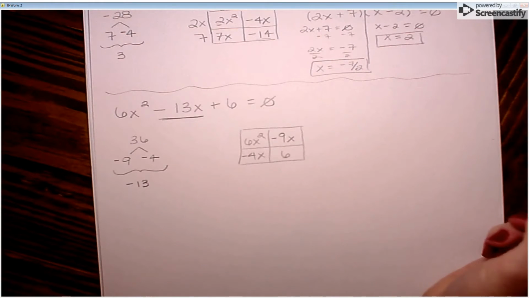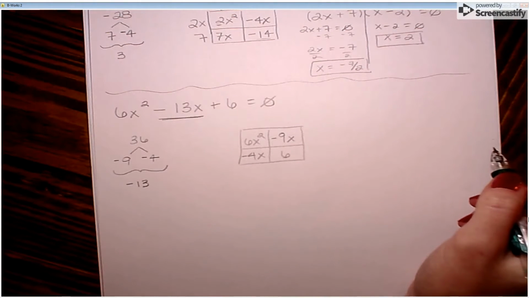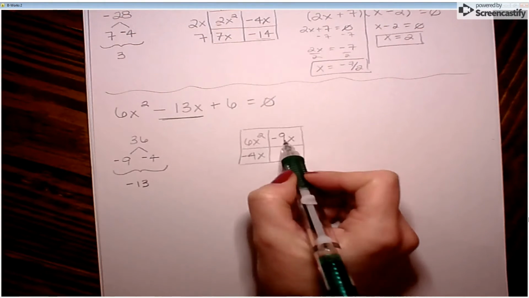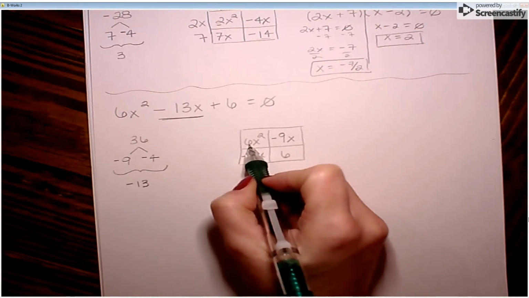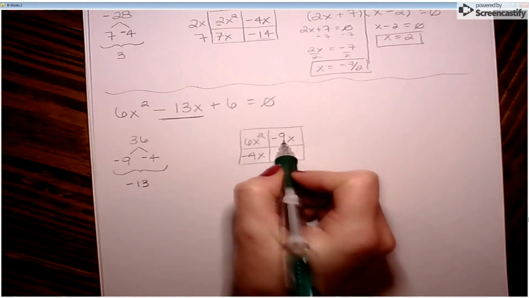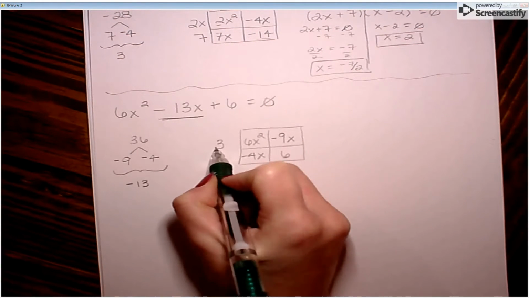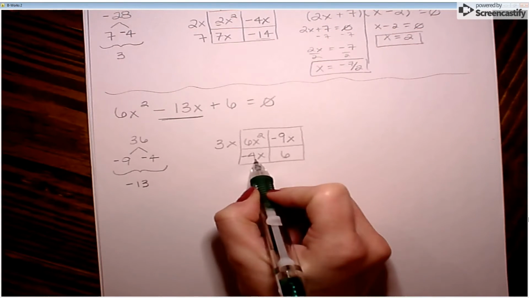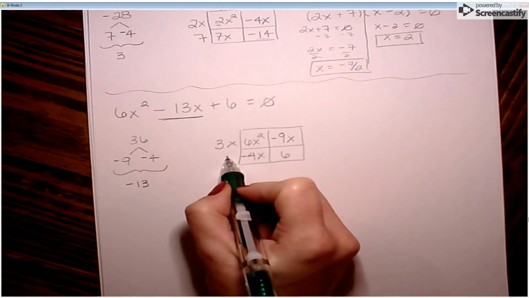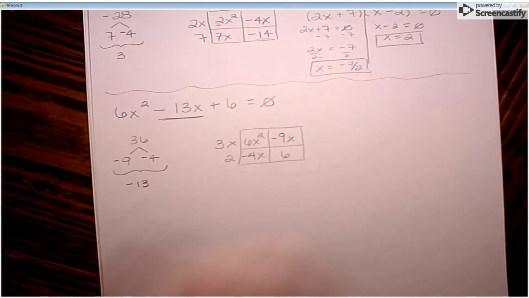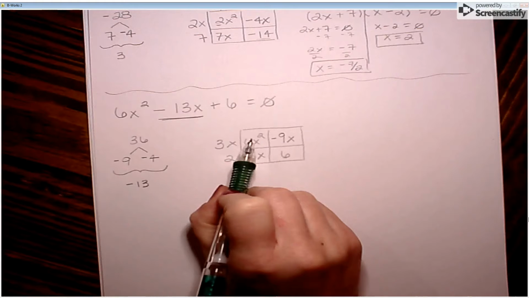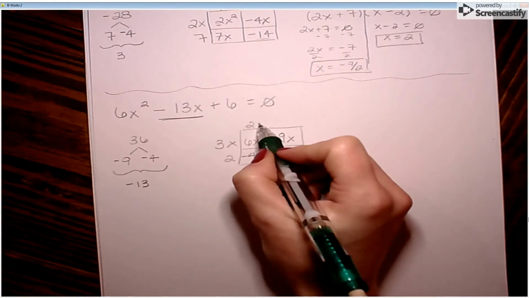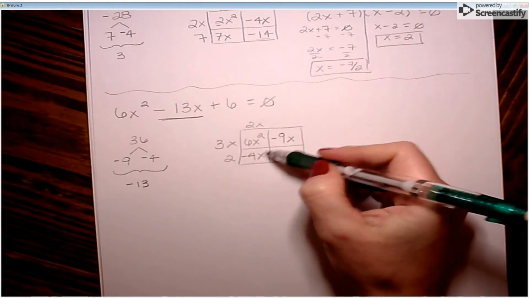And now from the inside out, I want common factors. So I'm going to start with rows. 6x squared and negative 9x: 6 and 9 are both divisible by 3. Both of those terms have x. Here I have negative 4x and 6. Both of those things are divisible by 2. Going straight up in this column, both of those coefficients are divisible by 2, and they also have x's that I could divide out.